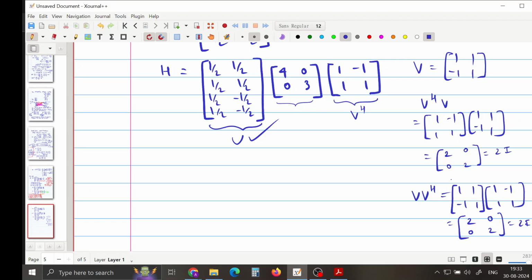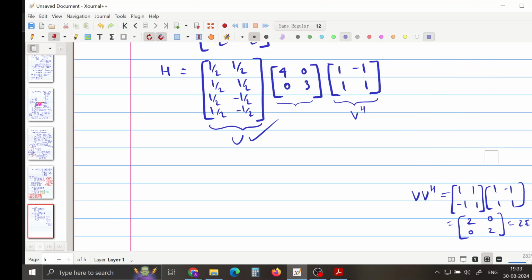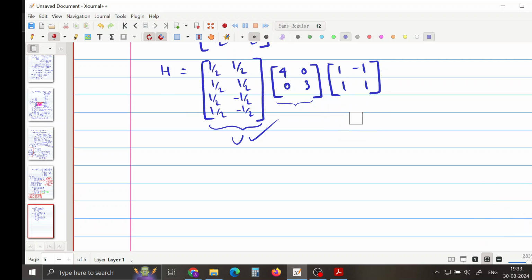So essentially what we need to do is normalize this matrix. What do I mean by normalization?